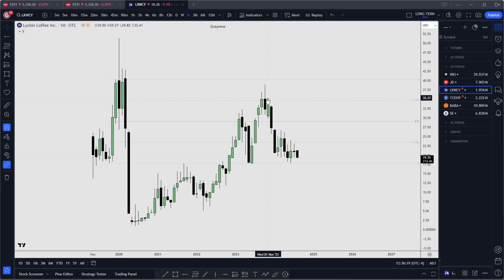Okay, so right now we are more like consolidating, not going anywhere. Look at this candle's range, it's getting smaller. Okay, so nothing for Luckin Coffee.